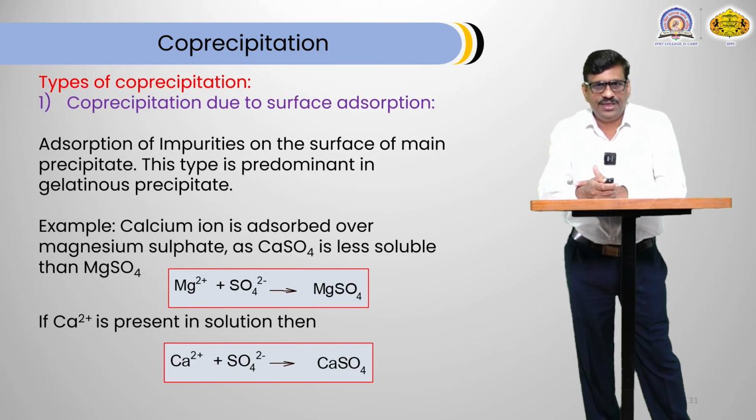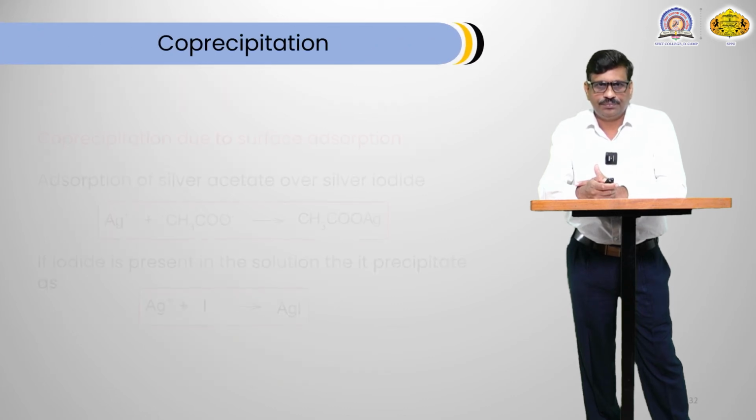Ca2+, if it is present in the solution, can also combine with SO4 2- and CaSO4 gets precipitated. This CaSO4 can stick on the surface of MgSO4, hence it is surface adsorption contamination, and this is called co-precipitation.